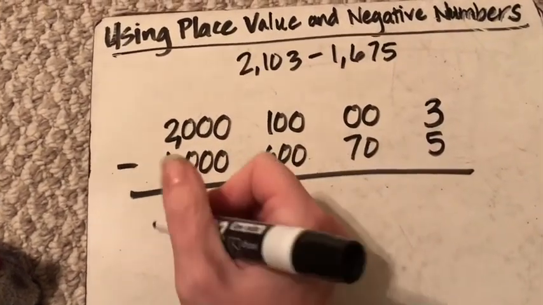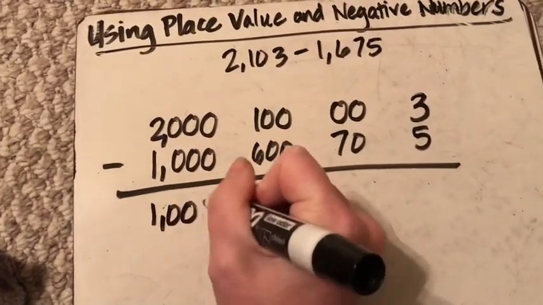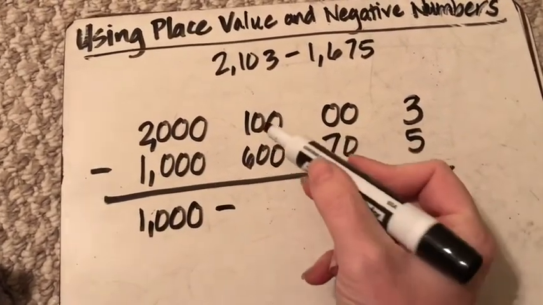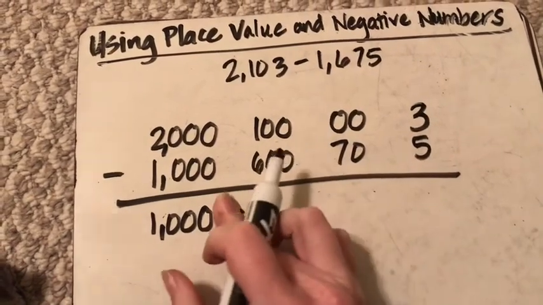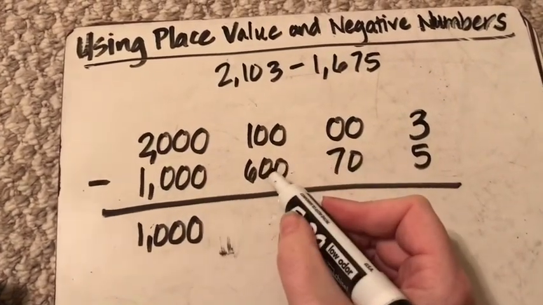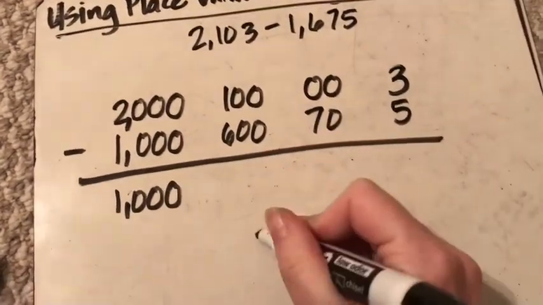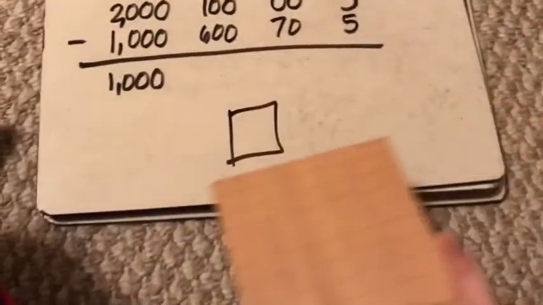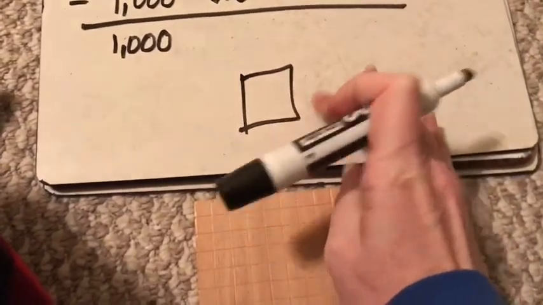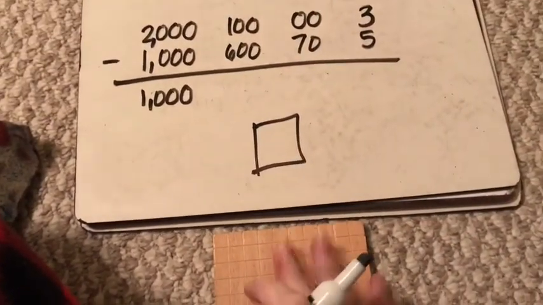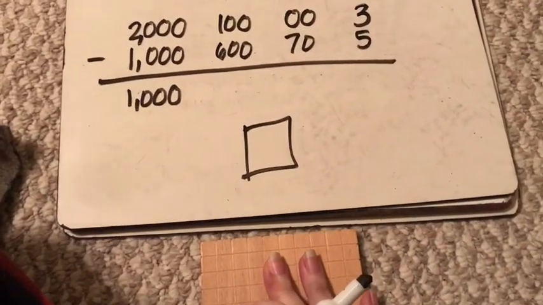2,000 minus 1,000, that would leave me with 1,000. And then if I have 100, I'm not even going to put that yet. 100 minus 600, well, if I had 100, I'm going to draw that as a flat. We use these kind of blocks in school, and then we represent it like this. I can't take away 600 unless I went into the negatives.